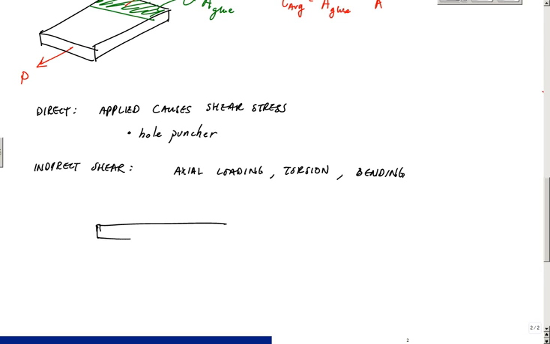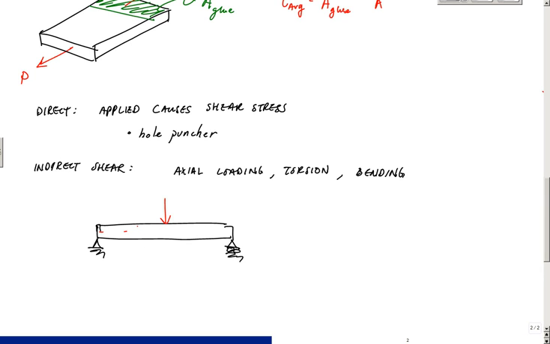If I have a beam, let's say here and here, and I apply a concentrated load here, I'm going to have shear forces developing throughout the beam. If I make a cut, I'm going to see shear forces and shear stresses in between the layers of the beam, as well as in the vertical planes.